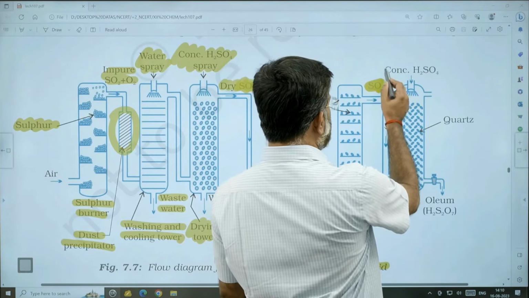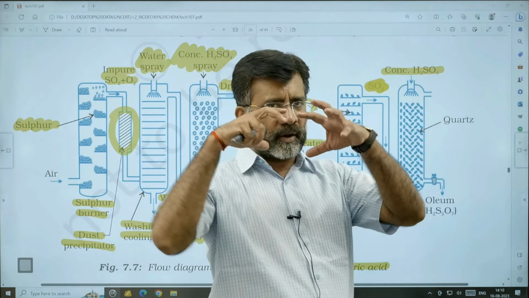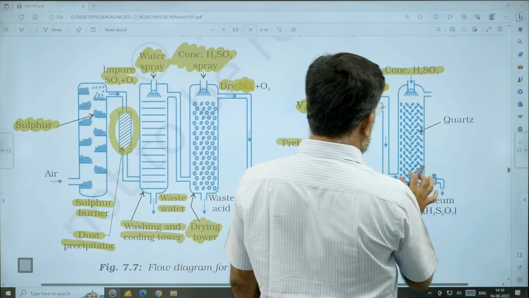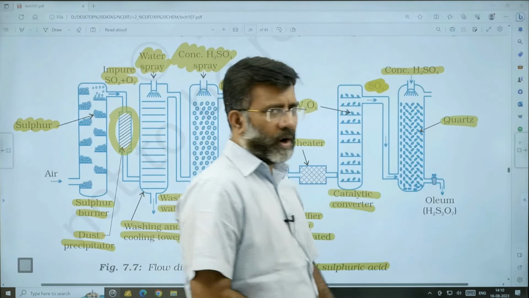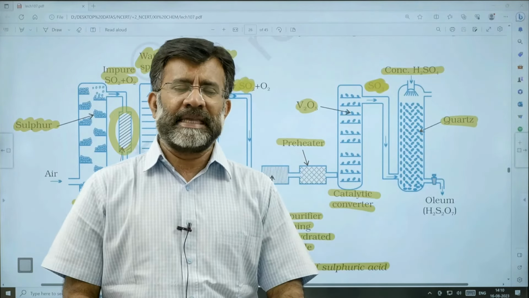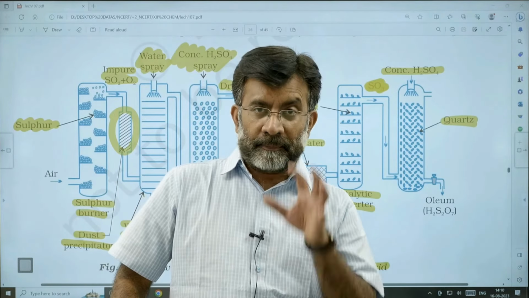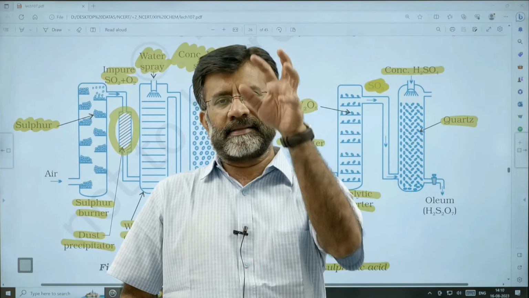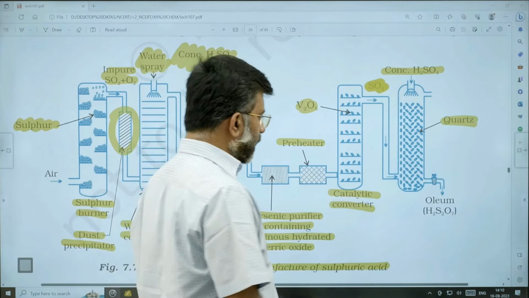In that absorption tower, we are giving a spray of concentrated sulfuric acid, where this SO3 will be absorbed in a medium like quartz, which gives sufficient absorption surface area, where it is condensed and absorbed, and you are getting oleum.